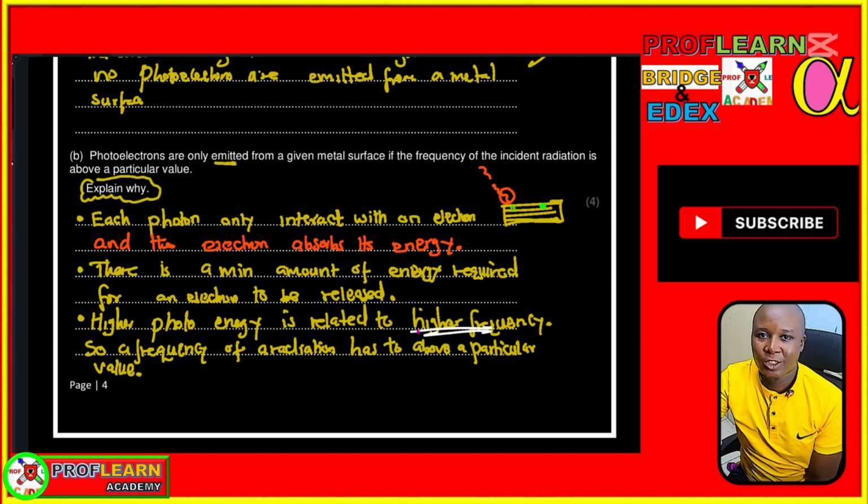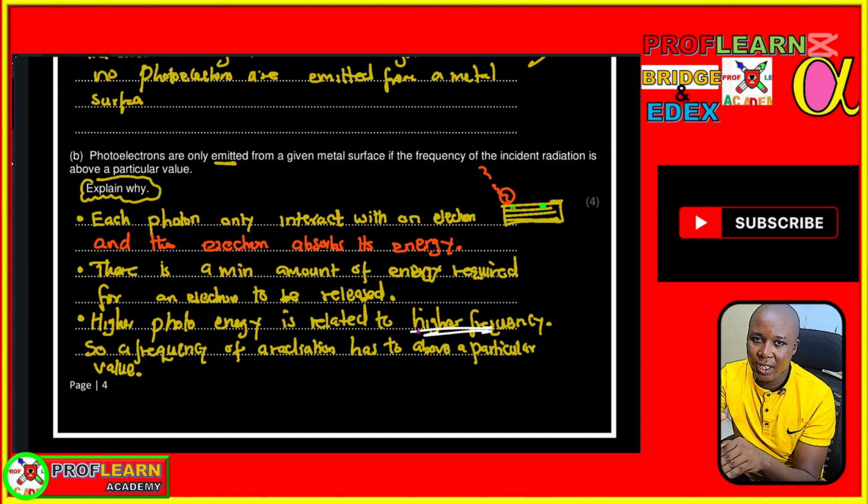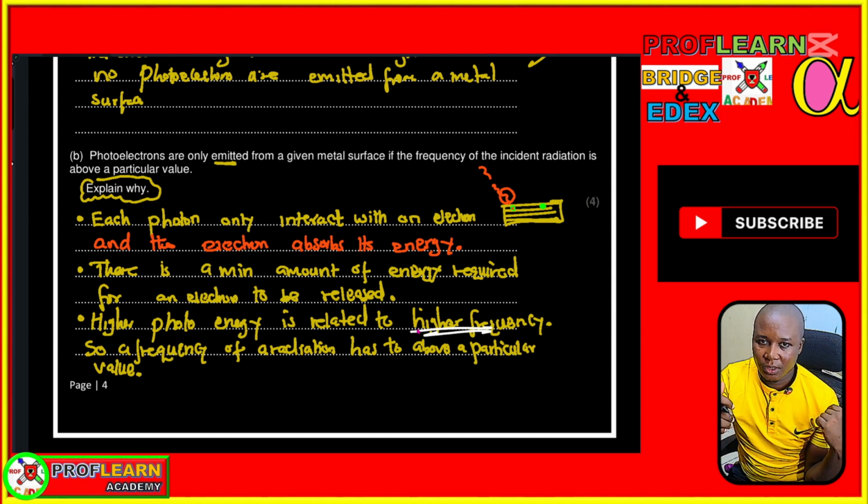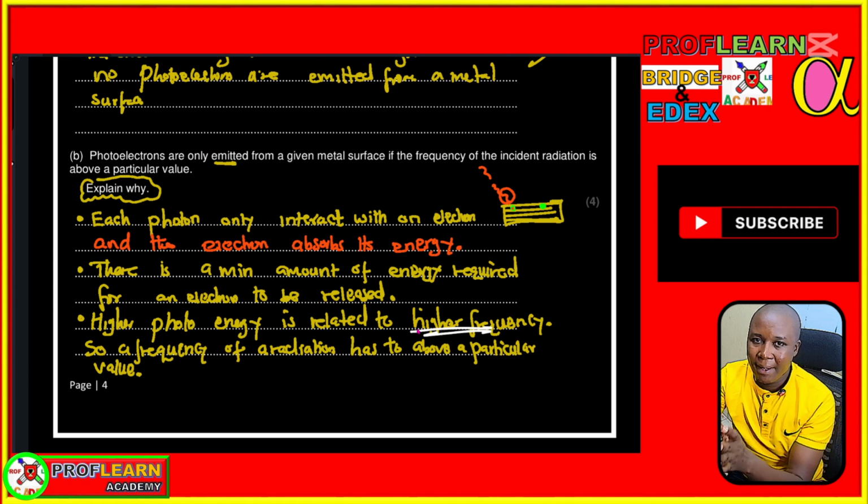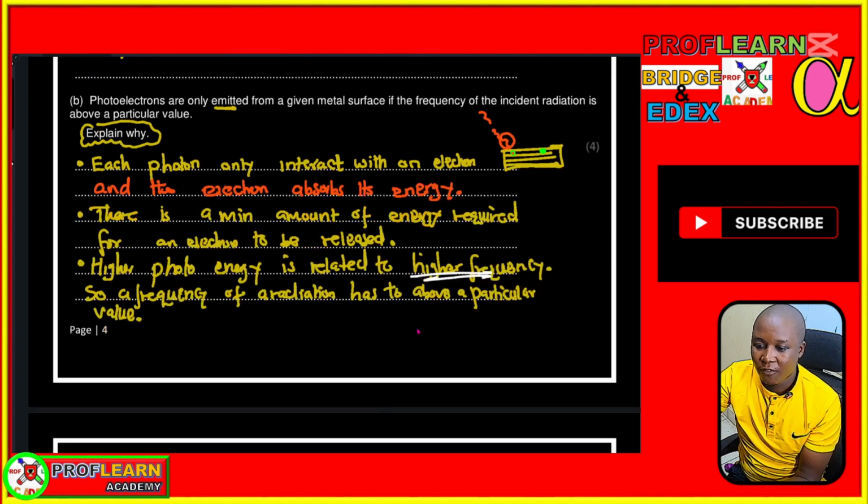If energy has to be above a particular value for an electron to be dislodged, then it also means that frequency must be above a certain value, since the energy depends on frequency. And this amount of energy it should be above is what we call the work function.